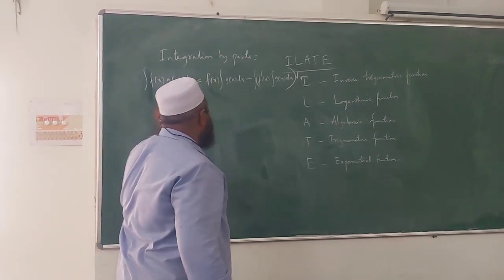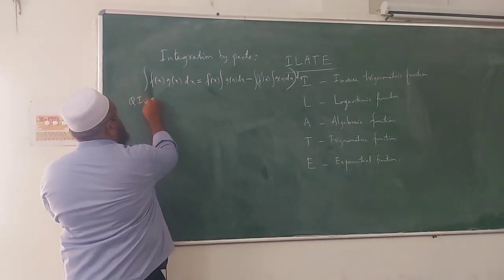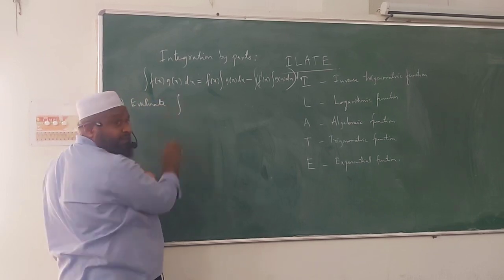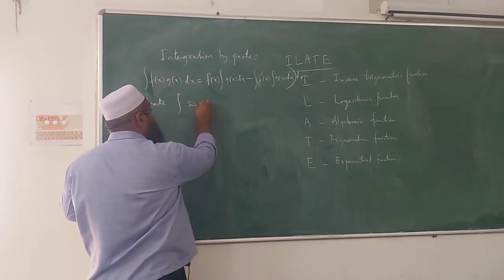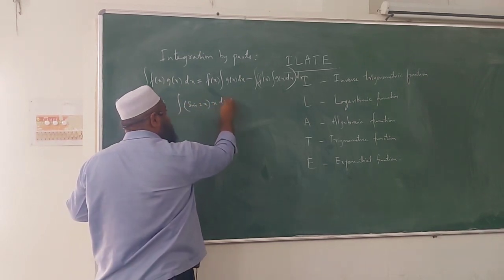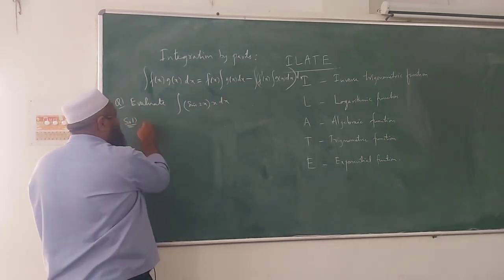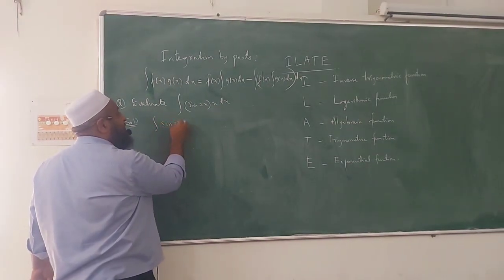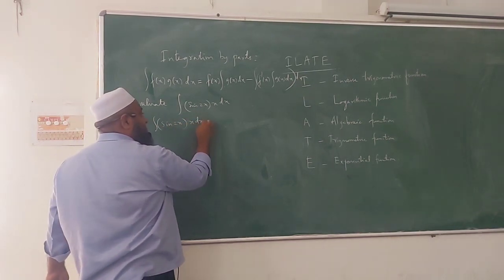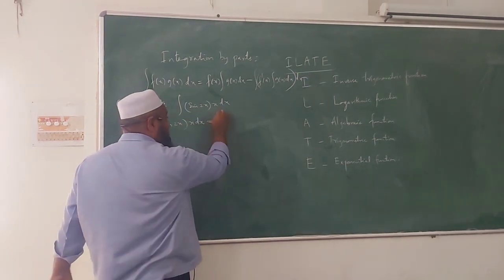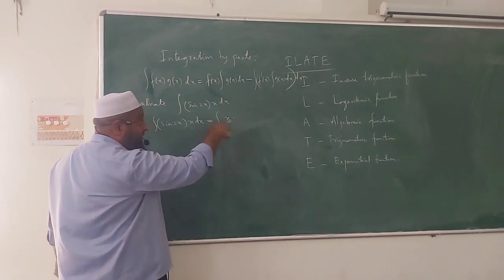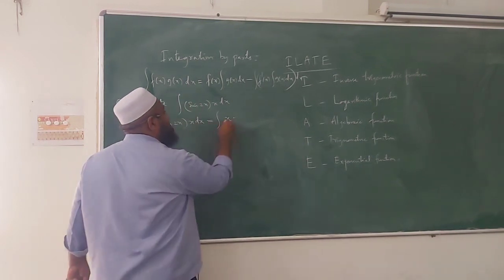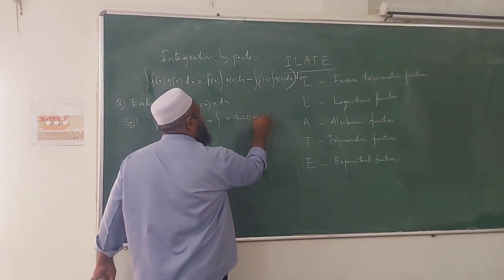So if the question comes, evaluate integral sine 2x into x dx, but in the solution we will rewrite it as integral x into sine 2x dx, because as per this, algebraic should come first, trigonometric should come next.